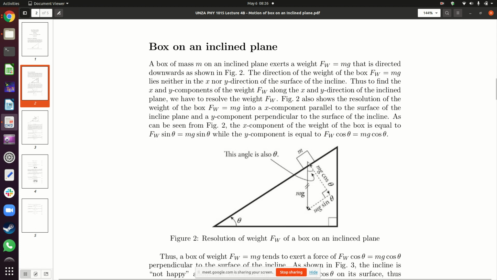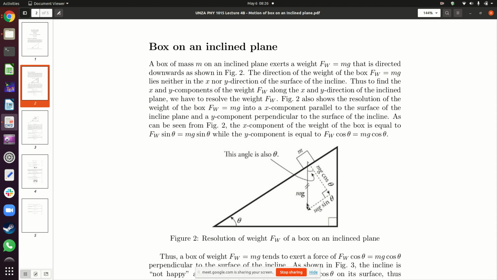However, something becomes very evident if you use this kind of xy plane, one with the x-axis parallel to the incline and the y-axis perpendicular to the incline. It becomes apparent that the weight of the box, pointing downwards, neither points along the x-axis nor along the y-axis.